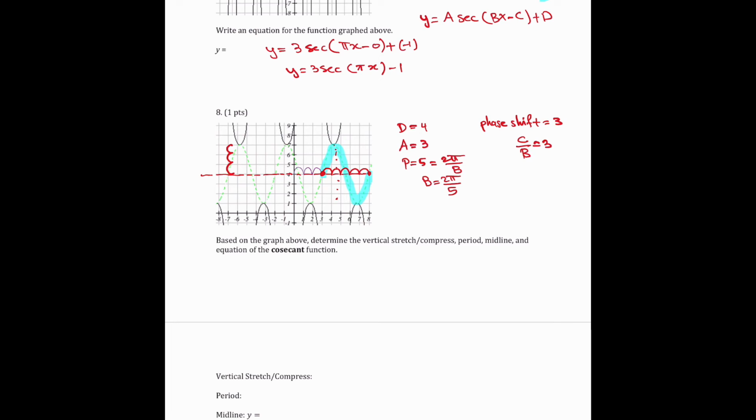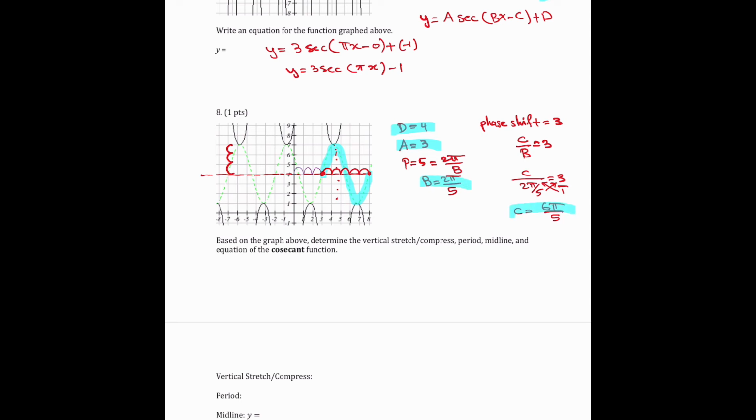We know B, so C over 2 pi over 5 is equal to 3. Cross multiply, you get C equals 6 pi over 5. Cross multiply this way: 1 times C, 2 pi over 5 times 3, 6 pi over 5. So we have D, A, B, and C.